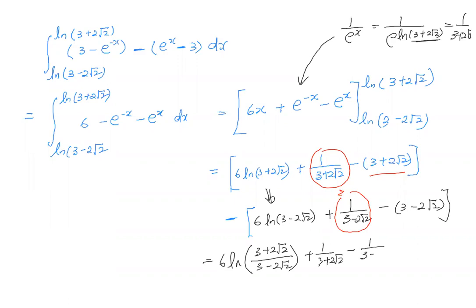Then for this one, you see -3 minus 2√2, I expand. Then here there is a minus and minus, so it becomes plus 3 minus 2√2. So it cancels off, and I got -4√2.